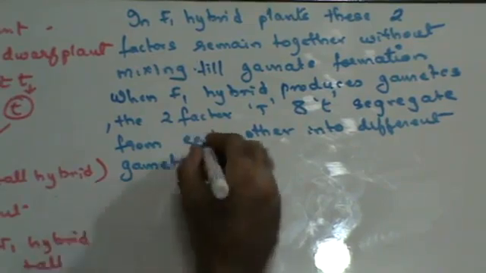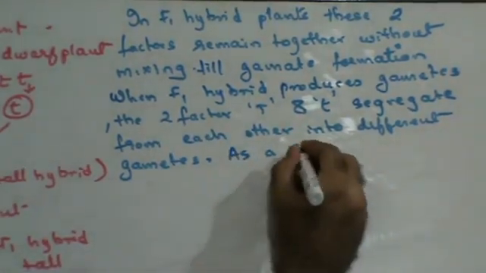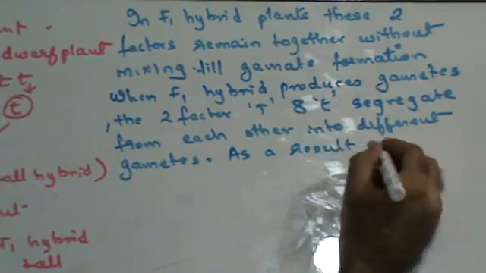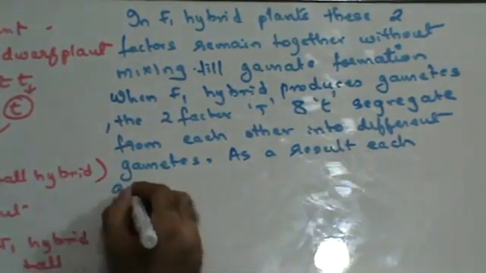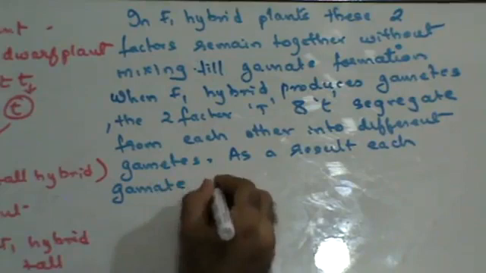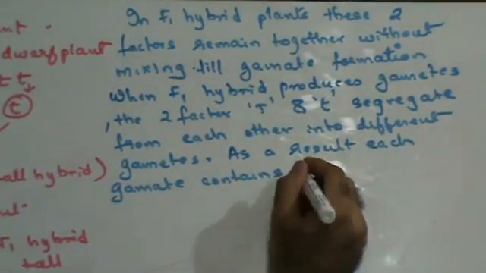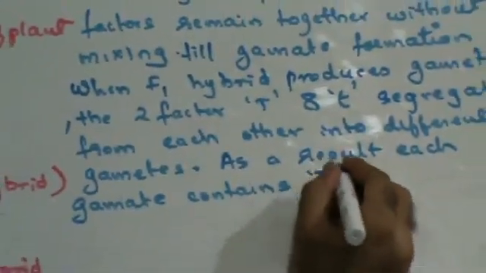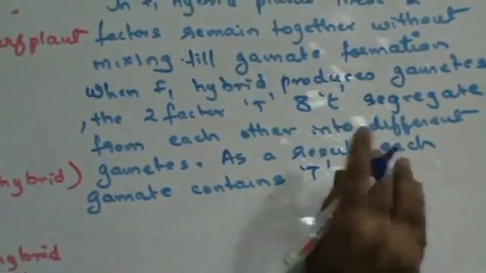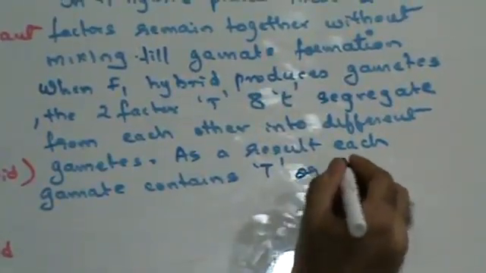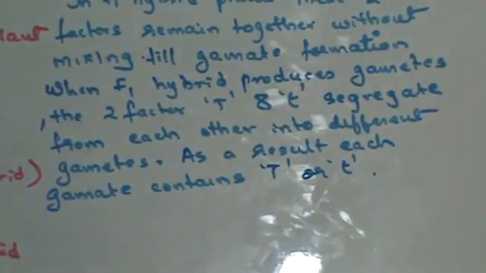As a result, each gamete contains T or t, right?